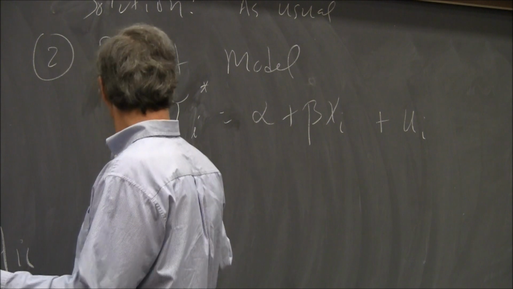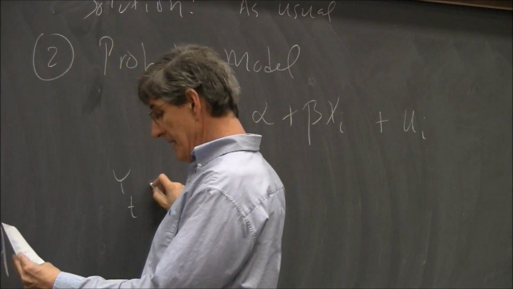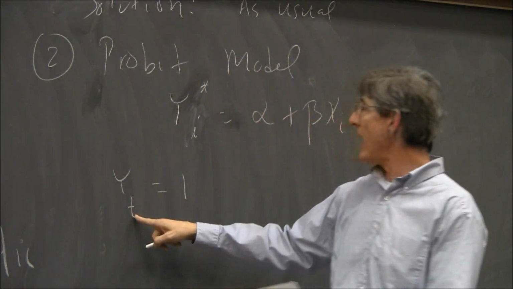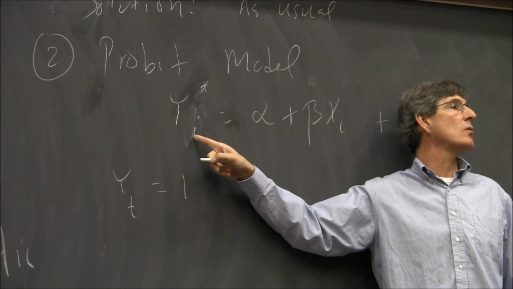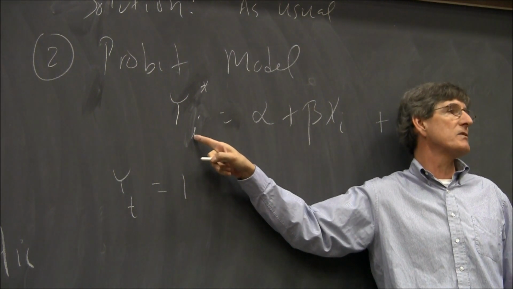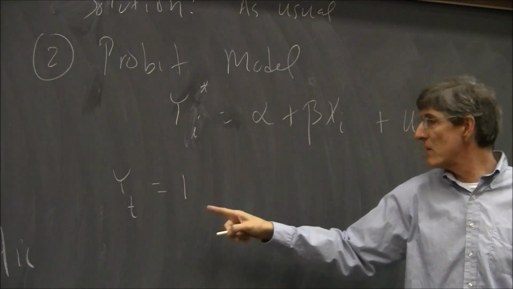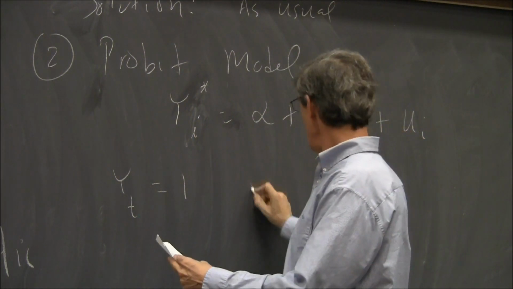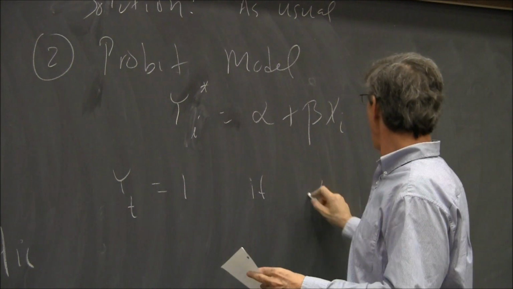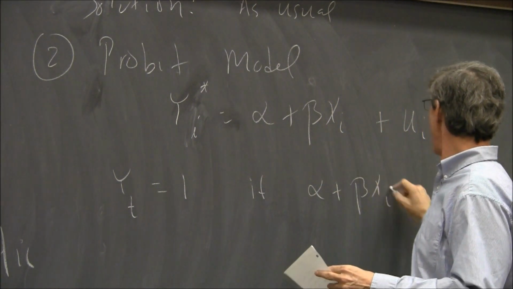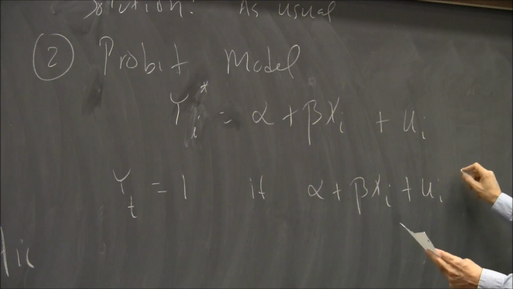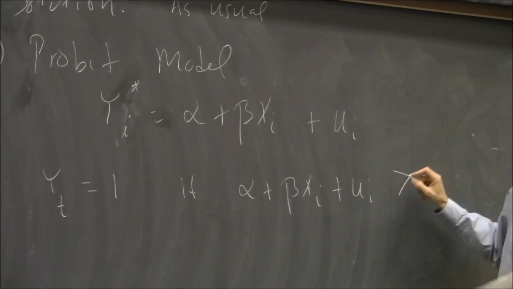So we're going to say that y_i equals 1. This is what we actually observe. y_i star is unobservable, not something we can observe. What we do observe is the choice. So we observe y_i equals 1 if alpha plus beta x_i plus u_i is greater than 0.